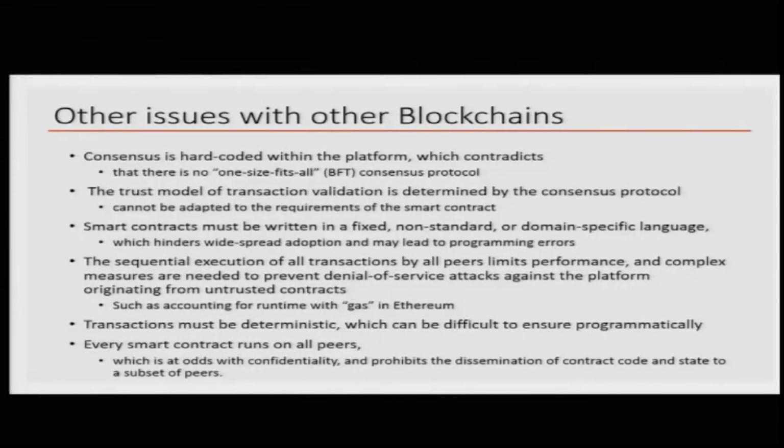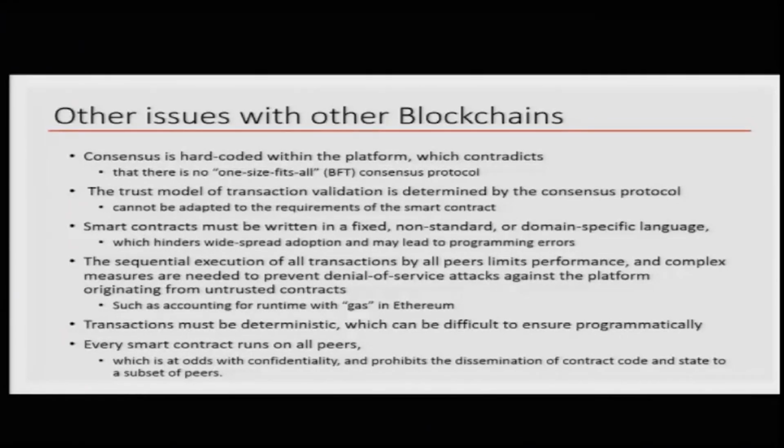The second issue is that, remember, in Bitcoin you cannot overnight change the consensus mechanism, you have to do some kind of a hard fork, right. Similarly, in Ethereum you cannot change the consensus mechanism, you have to do a hard fork.